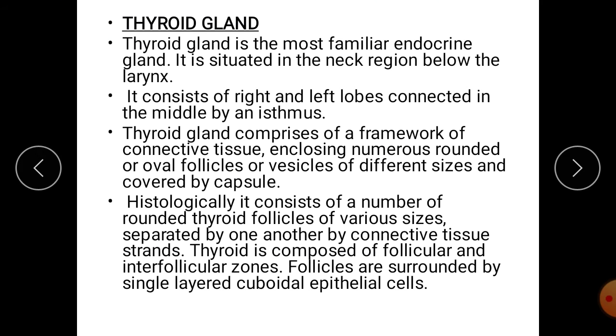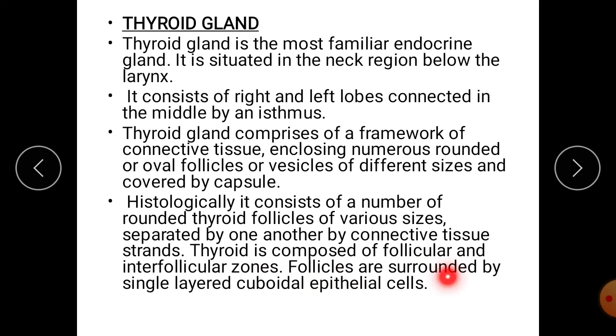Thyroid gland comprises a framework of connective tissue enclosing numerous rounded or oval follicles or vesicles of different sizes and covered by capsule. Histologically, it consists of a number of rounded thyroid follicles of various sizes separated from one another by connective tissue strands. Thyroid is composed of follicular and intrafollicular zones.